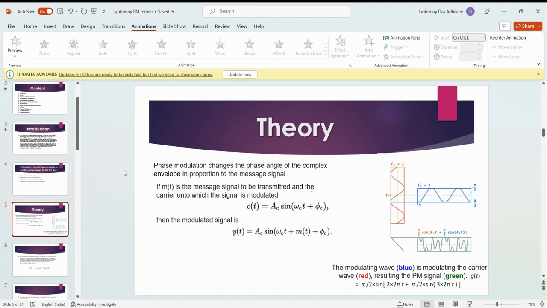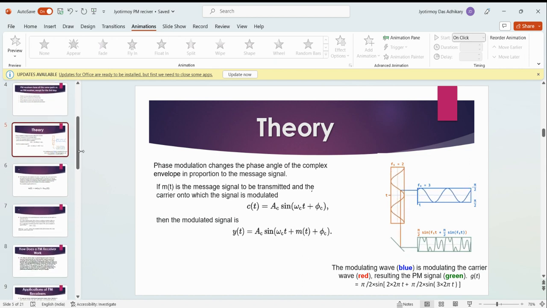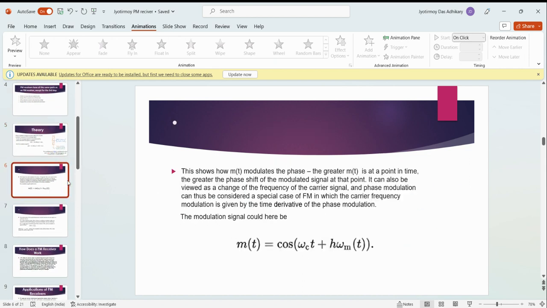So next, that's the theory. The modulating signal could be m(t) equals cos(omega_c t) plus h omega m(t).